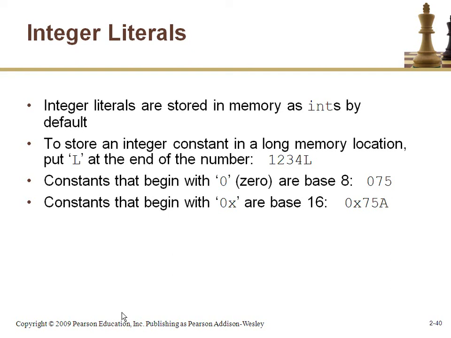Integer literals are stored in memory as integers by default. To store an integer constant in a long memory location, you put an L at the end of the number. Here is an example, 1234L, to make it a long form.